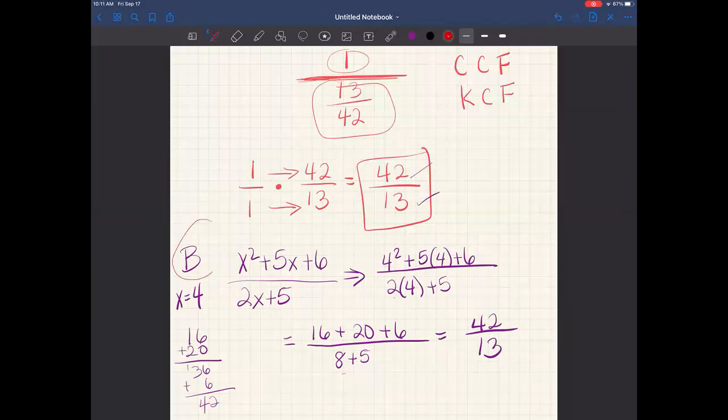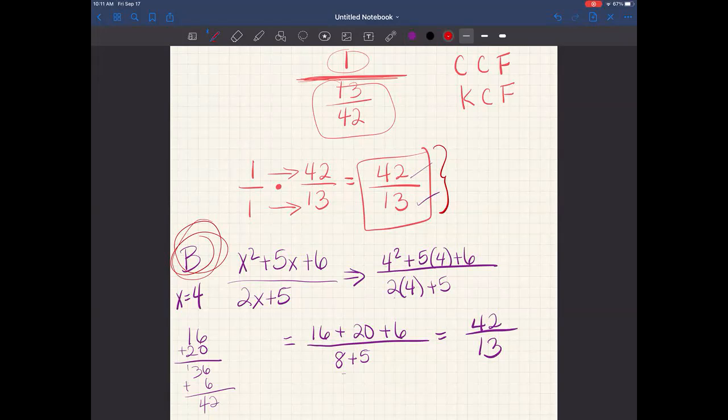So the nice thing is, once you figure out this whole part here, you kind of want to look at your two options. Is that how you picked B, Angie? Yeah, I figured, immediately looking at the numerator, I knew that it wouldn't get me 42. Exactly. So you can see that x squared plus 5x plus 6 might be too much. I'm looking for 13.